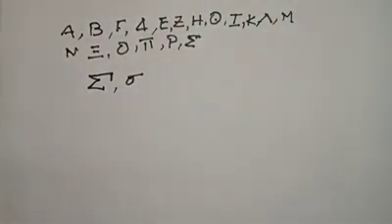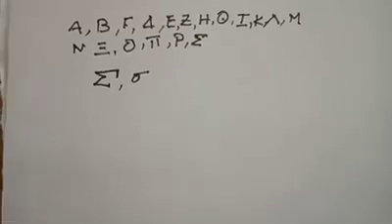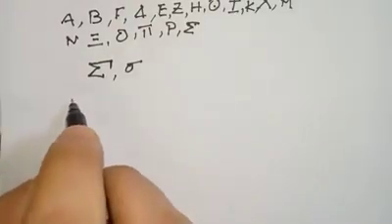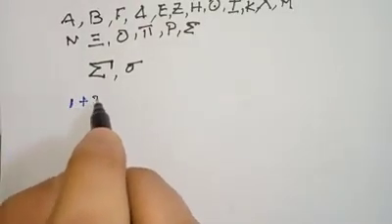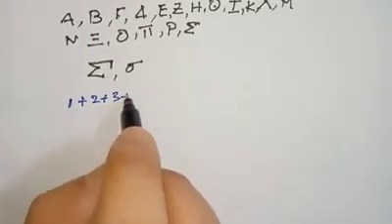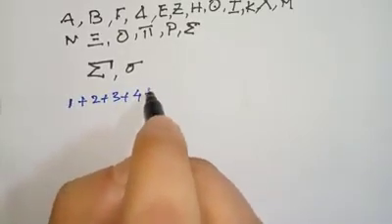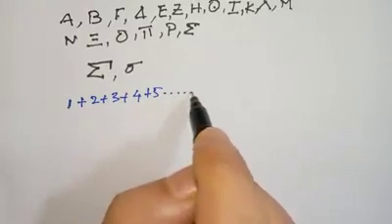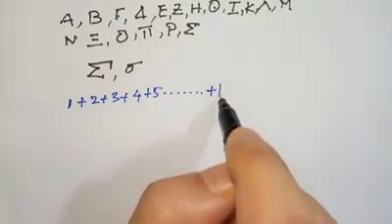Now let us see what the usage is and why we use sigma. Suppose that we have a summation of numbers, for example 1 plus 2 plus 3 plus 4 plus 5, and in this way it goes on till plus 10.